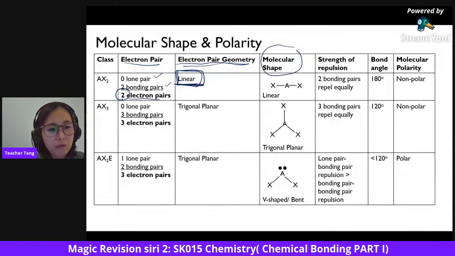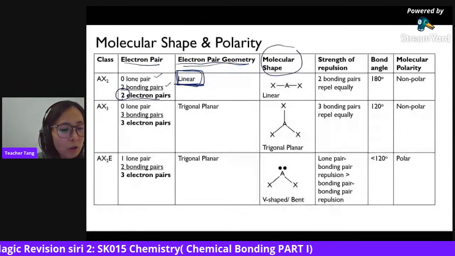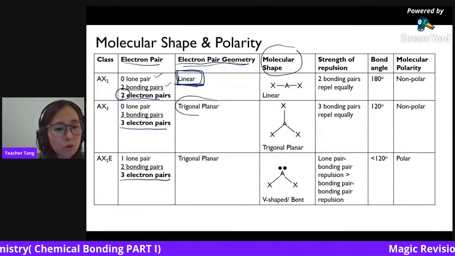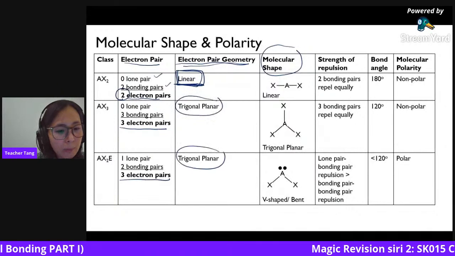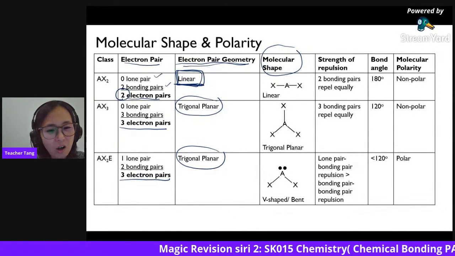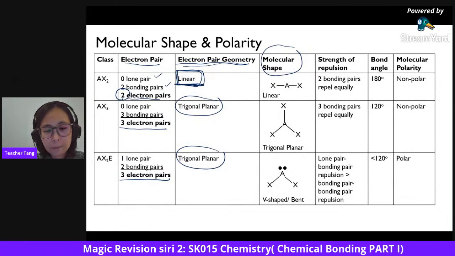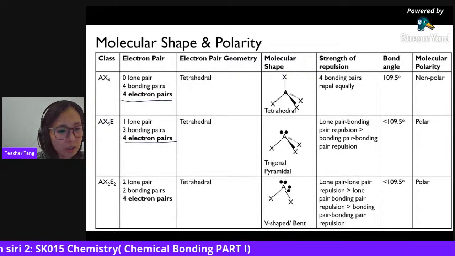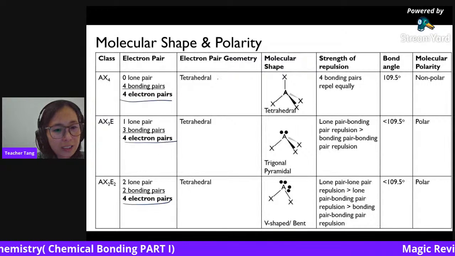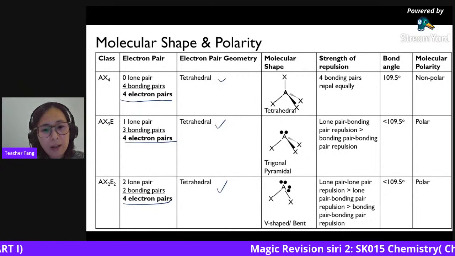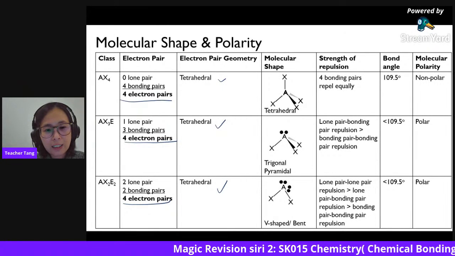And if you get 3 total electron pairs, the electron pair geometry is trigonal planar. So you draw the molecular shape based on the trigonal planar. If you get 4 electron pairs in total, the electron pair geometry is tetrahedral. So you draw the molecular shape based on the tetrahedral electron pair geometry.